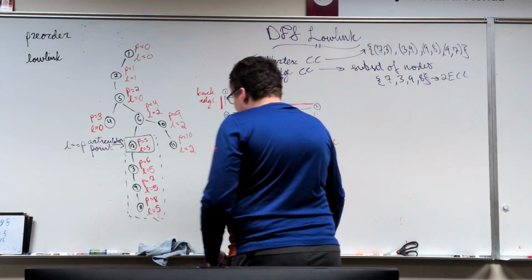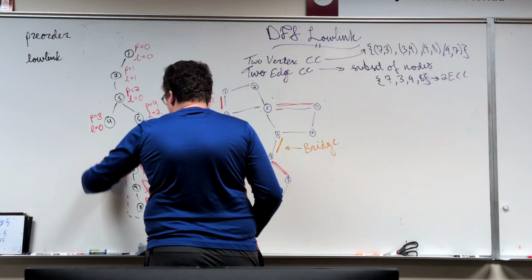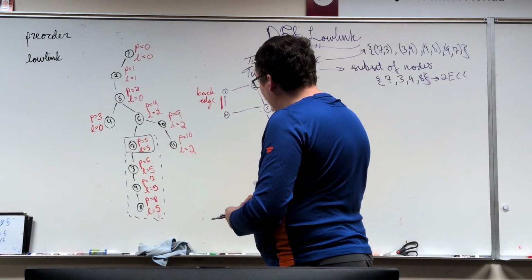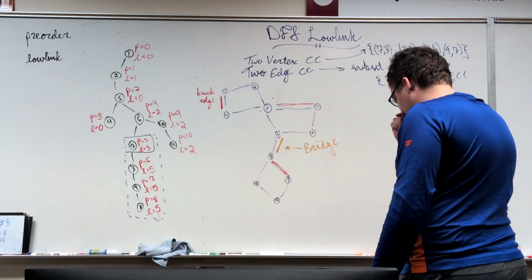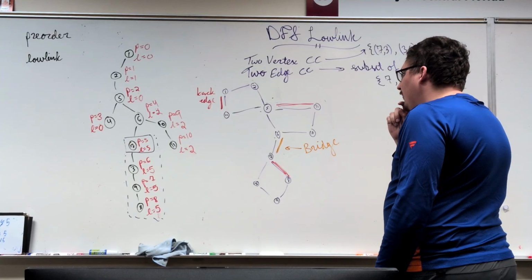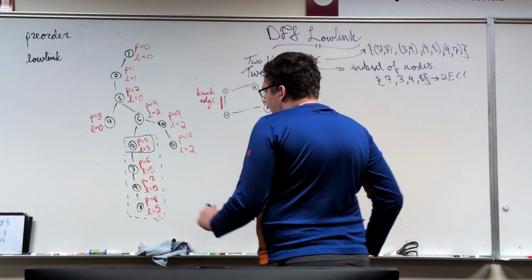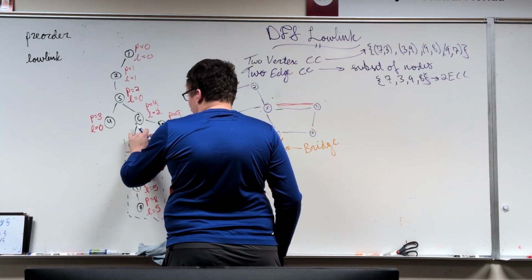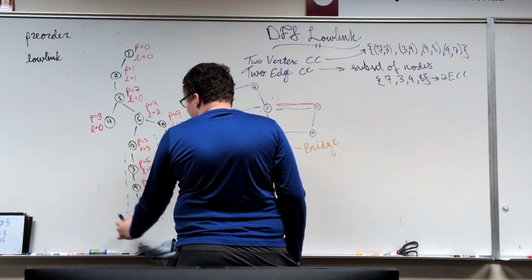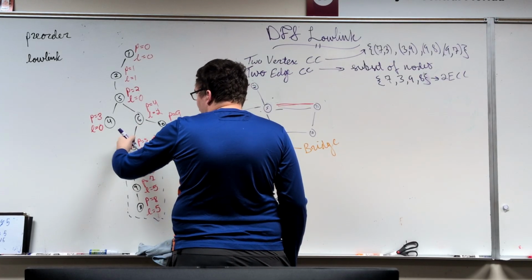So what we found here is that the incoming edge to 7 is a bridge. So what we have found here is that no node in this subtree can escape higher than 7.